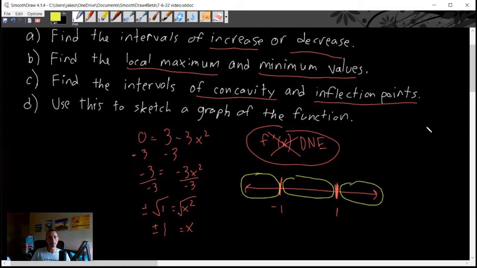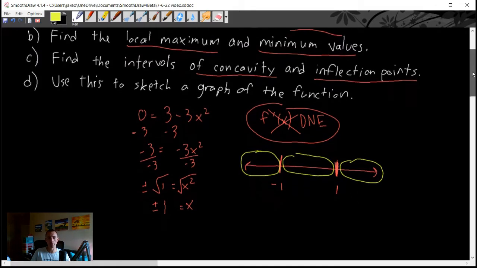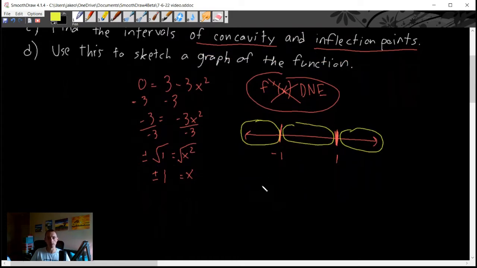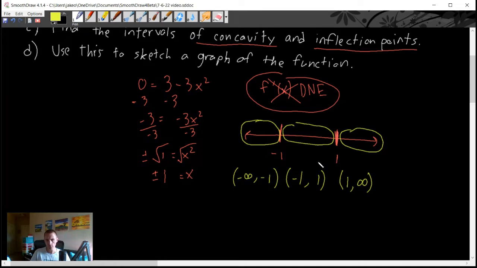What I like to do is think about what intervals you just split your number line into. Well, we split it from -infinity up to -1, from -1 up to +1, and from +1 to +infinity. So we basically created these 3 intervals by splitting our number line at our 2 critical numbers.